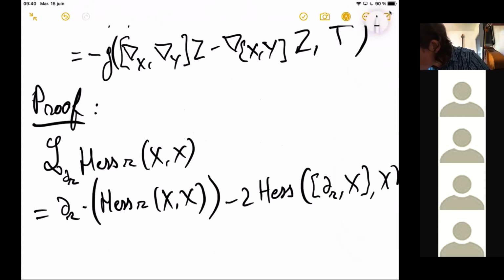If you're more accustomed to the covariant derivative of tensors, the covariant derivative of tensors extends the covariant derivative of vector fields to tensors, and the Lie derivative of tensors extends the Lie bracket of vector fields to tensors.